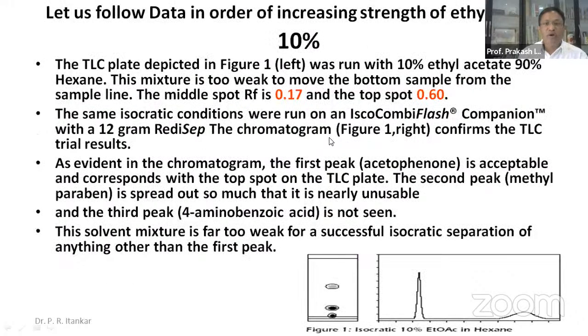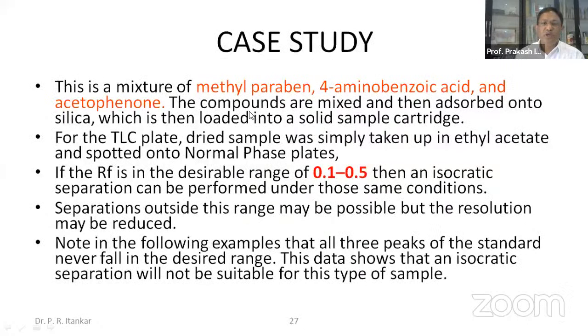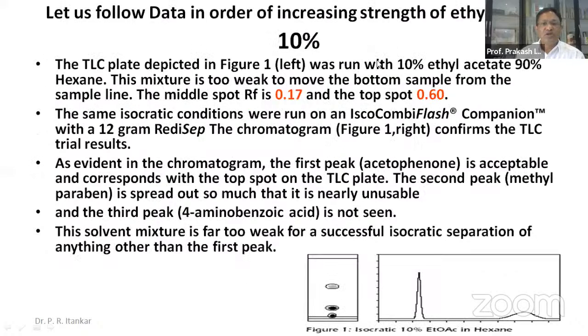Now, for separation of that particular mixture of methyl paraben, 4-aminobenzoic acid, and acetophenone, just an example has been given. You can see first the diagrams here, wherein it was run using only 10% ethyl acetate in hexane. So hexane is solvent B, and ethyl acetate is solvent A here, and the concentration is only 10% of ethyl acetate.